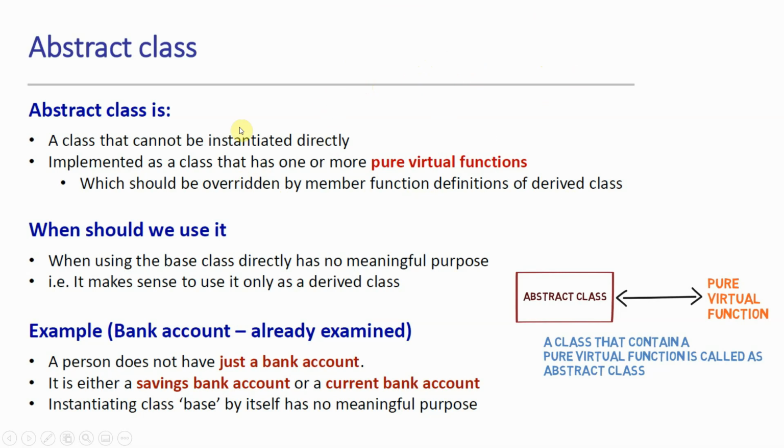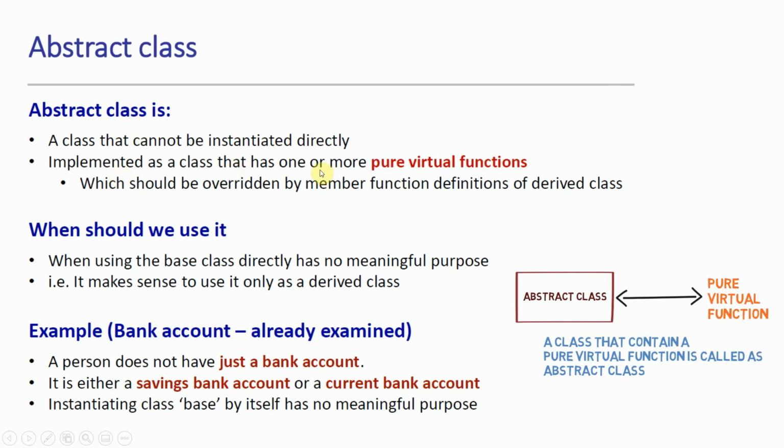It's not just going to be purely a bank account, right? So an abstract class is a class that we define only for the sake of inheritance, so that we put all the common member variables and member functions in it, and we do not instantiate any objects of that class directly. Okay, how can we make a class an abstract class?